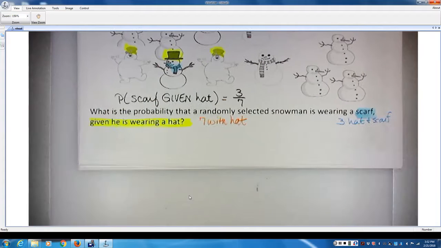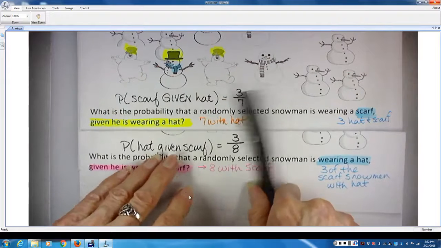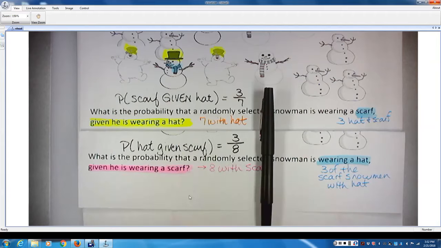I want you to be sure and compare that answer to this one, and notice how that's different. The word that comes after given tells you what the bottom of the fraction is.